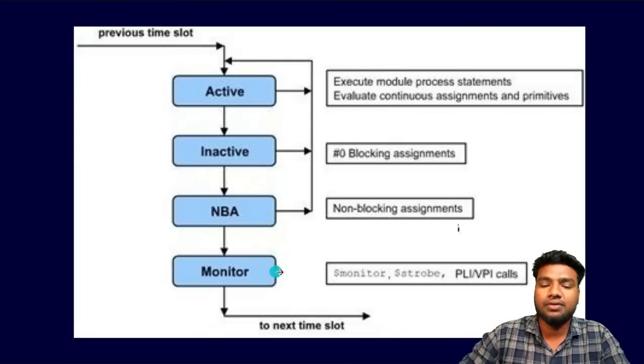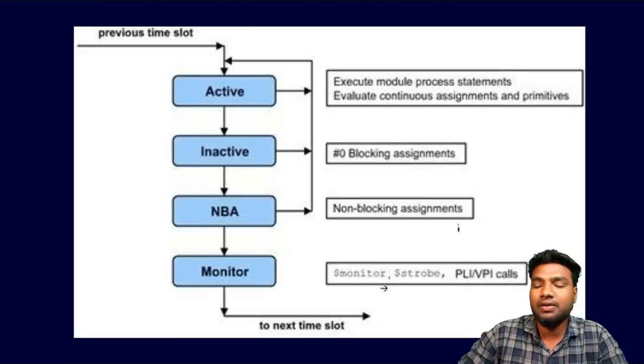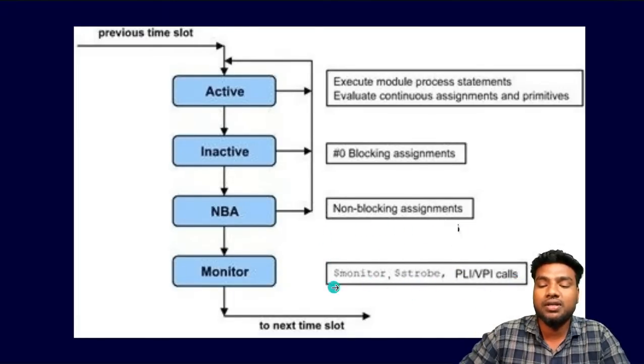And then the monitor comes under the postpone region. It will perform the $monitor. These are system tasks like $monitor, $display, $stop. These system tasks are performed in the postpone region or monitor region. So in the active region, it will do the active $display, and then performing the LHS.